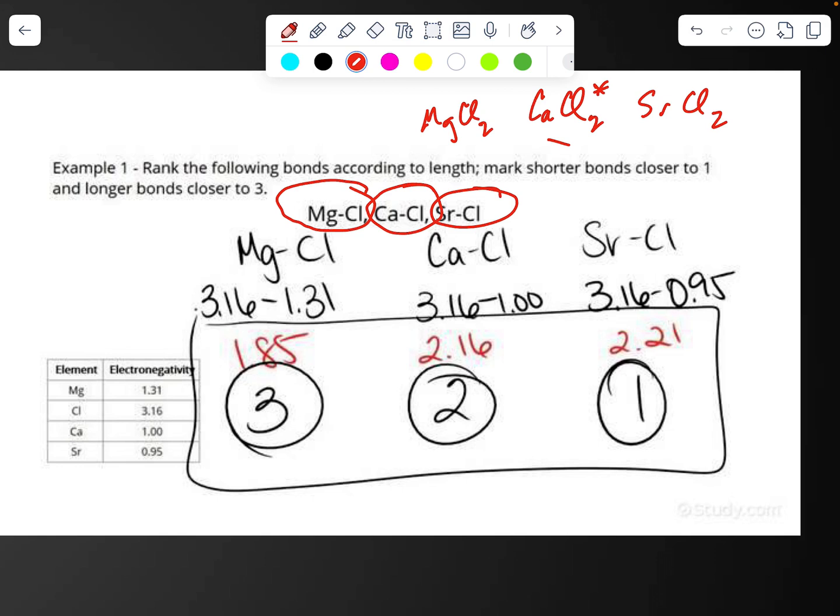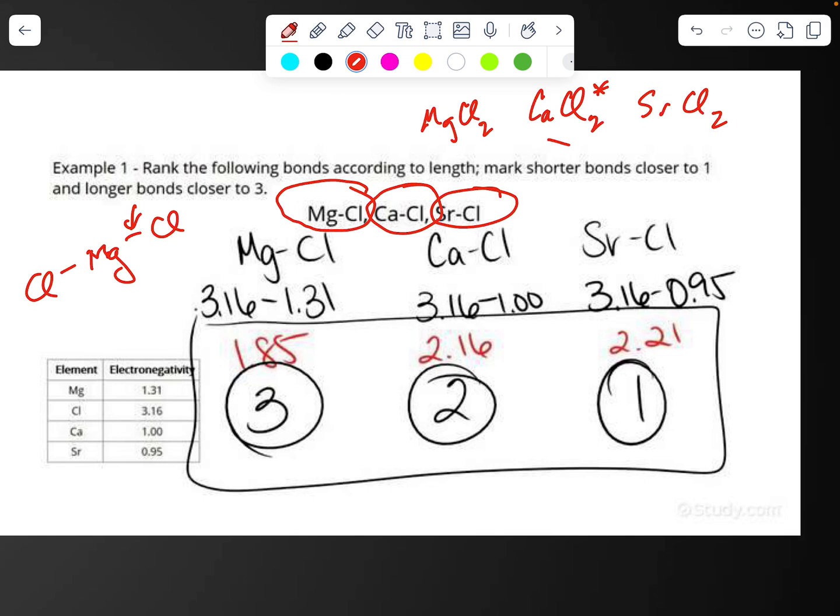Notice though, when we make the decision about bond determination, we only use one of the chlorines. So instead of saying magnesium, and this bond, chlorine and chlorine, we're only going to answer for one bond, and we will therefore classify the compound as ionic or covalent.